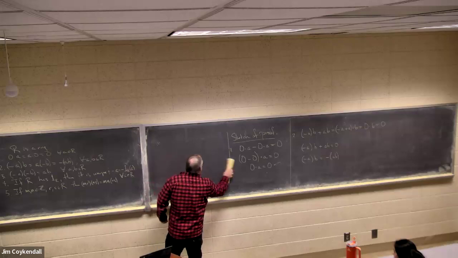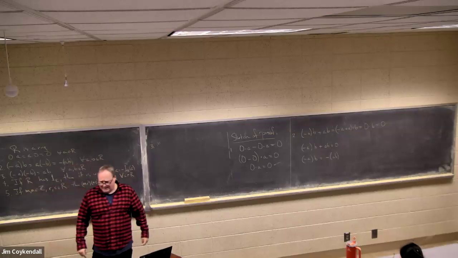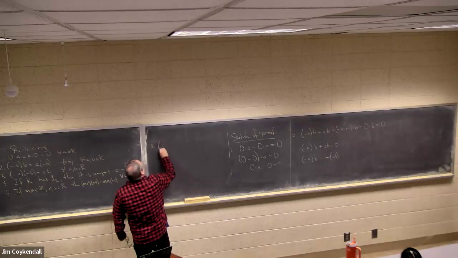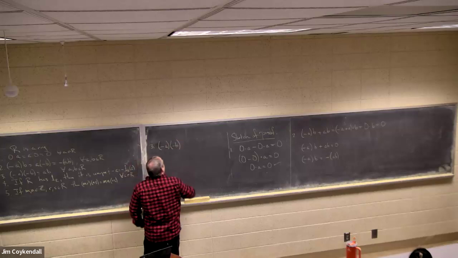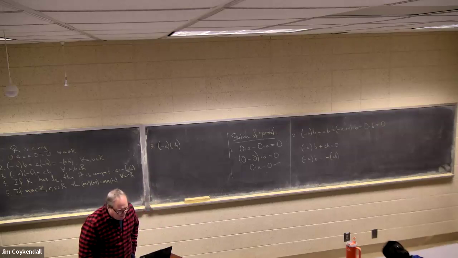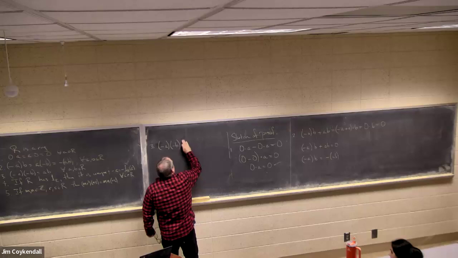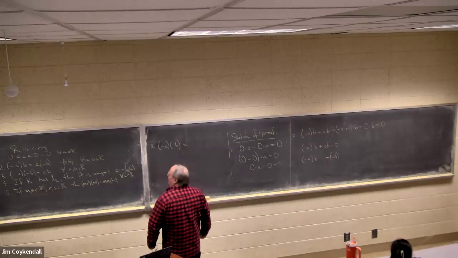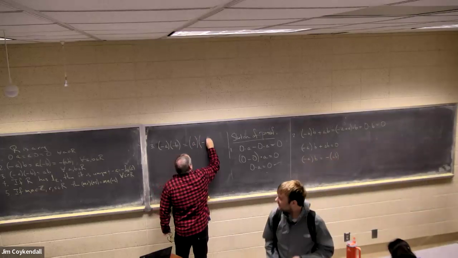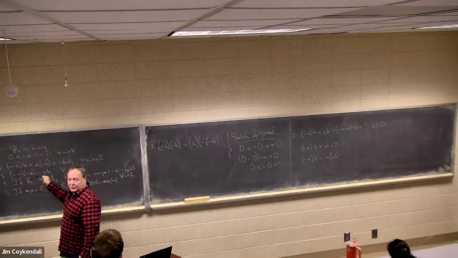Let's sketch 3. If you look at negative A times negative B, the previous part allows you to switch the signs.